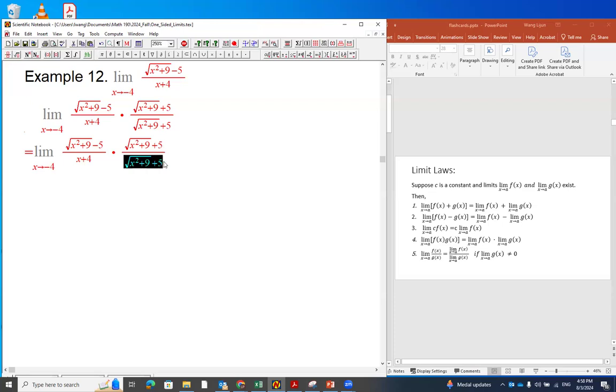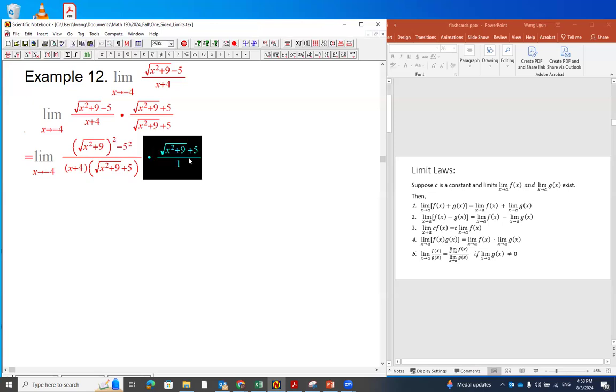We take the denominator here to multiply x plus 4, and don't multiply this out. Just leave it as is in product form. The numerator times the numerator gives us a squared minus b squared, so this piece is going to be squared minus 5 squared. So that piece is gone.